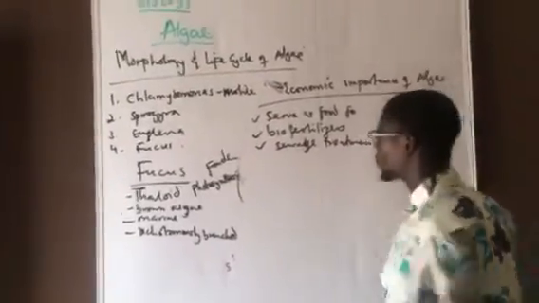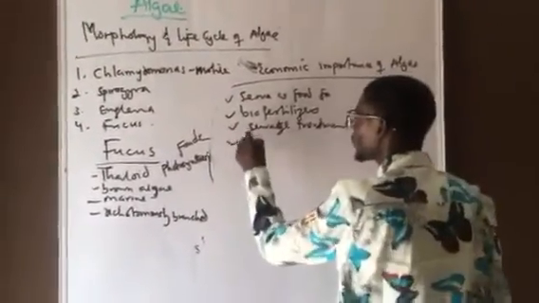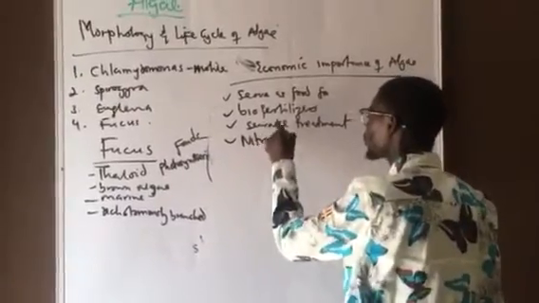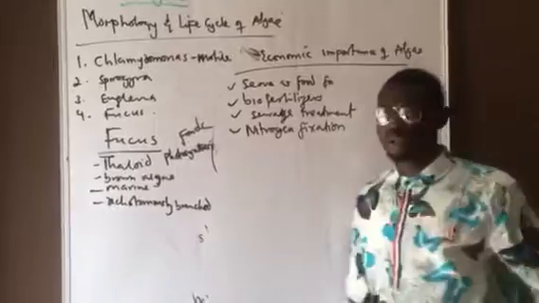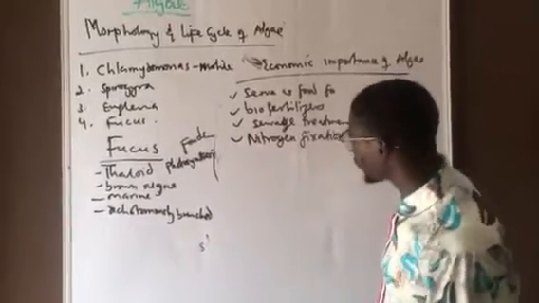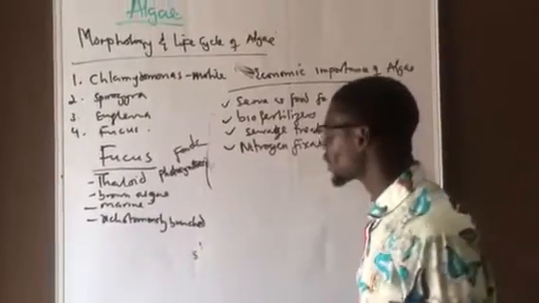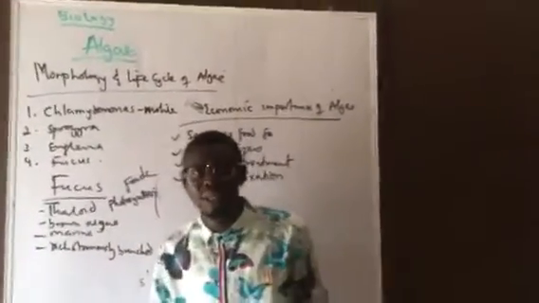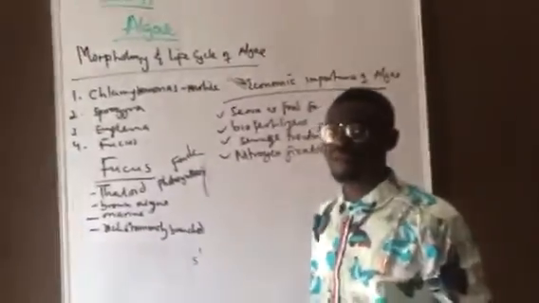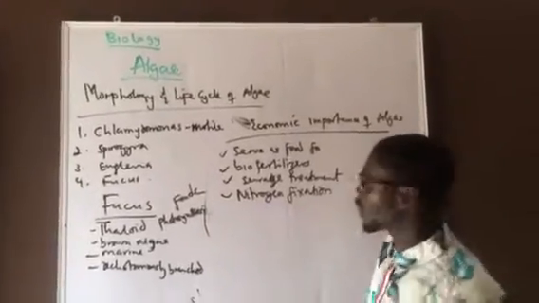Algae such as blue-green algae also carry out nitrogen fixation. We also have planktonic algae, the microscopic algae, and the FUCUS, the seaweed. They serve as food, and they also provide habitat for aquatic organisms.